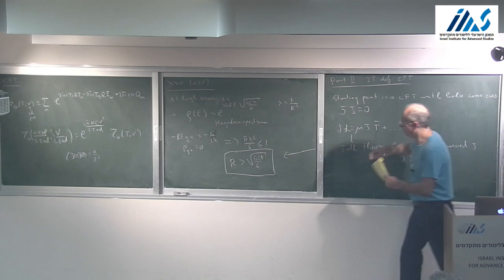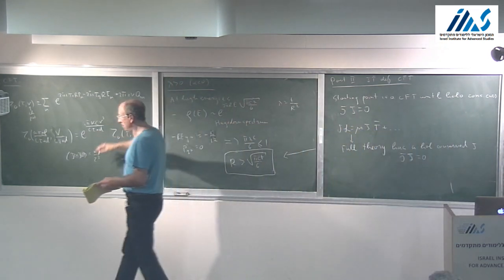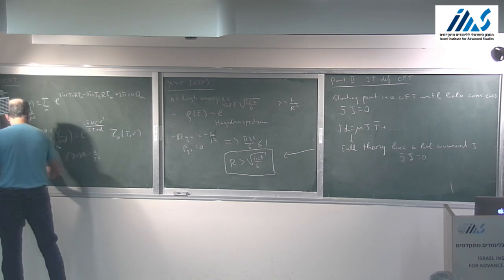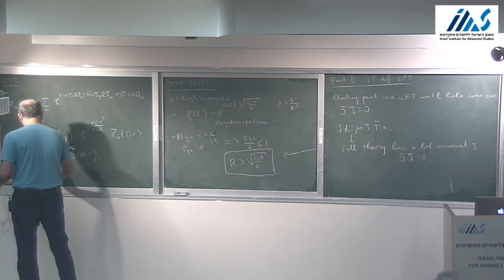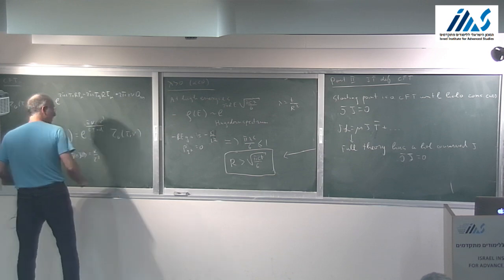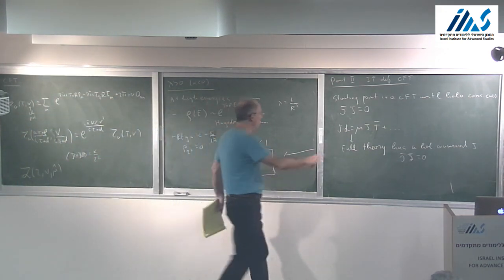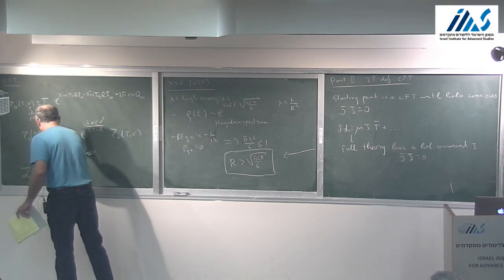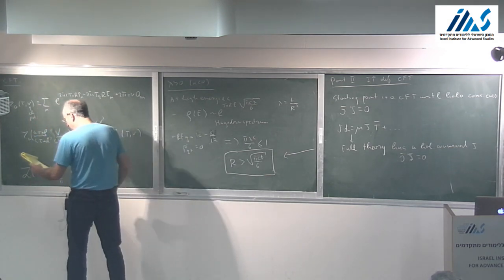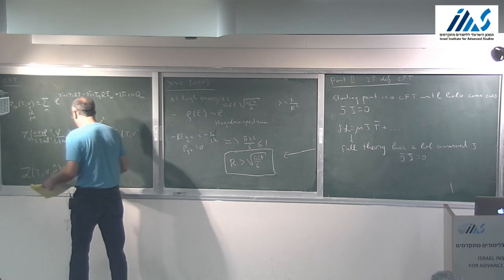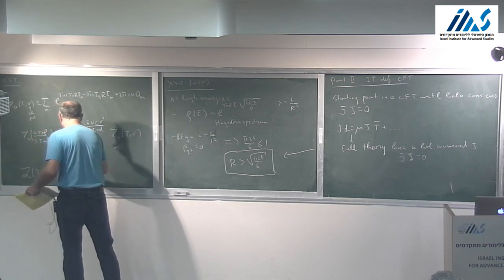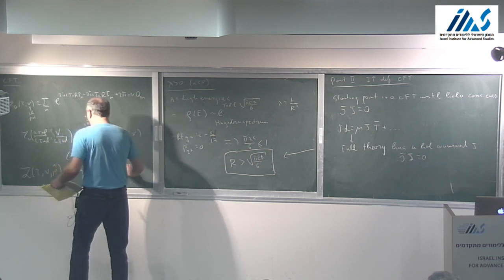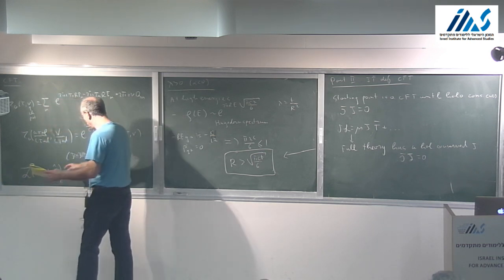The basic idea is that you can repeat everything I said. You can define some partition sum, which depends on tau, nu, and some mu hat, which is this mu divided by r, just to make it dimensionless again. And the same kind of argument tells you that it's a Jacobi form with both nu and mu hat transforming.